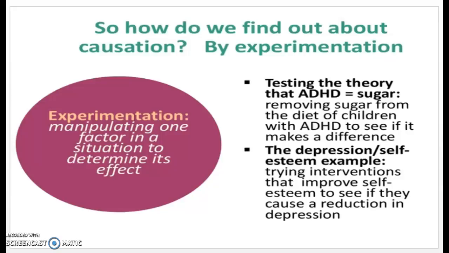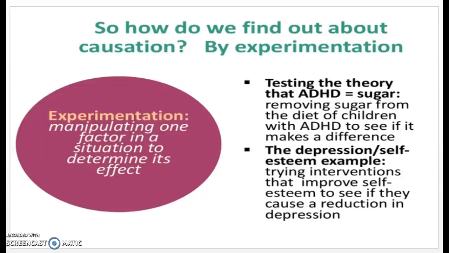Just as in some other research methods, we do want to create a hypothesis. For today's sake, I'm going to use a hypothesis looking at two variables: sugar consumption and the impact that it might have on an individual with ADHD. My hypothesis is: if sugar consumption increases, then a child with ADHD will show increased impulsivity, hyperactivity, and inattention.